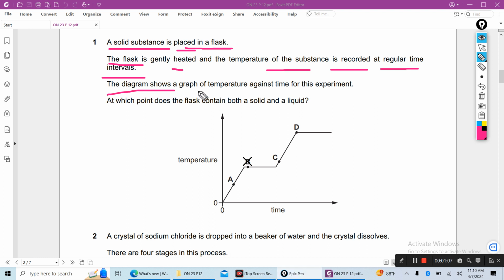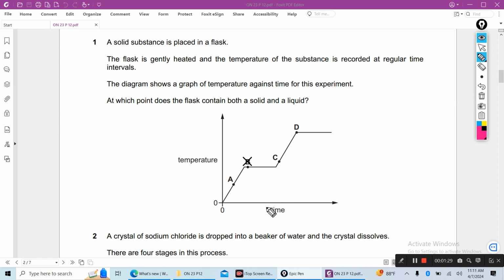The diagram shows a graph of temperature against time for the experiment. At which point does the flask contain both a solid and liquid? This is time, this is temperature, and as time goes on, temperature is increasing.